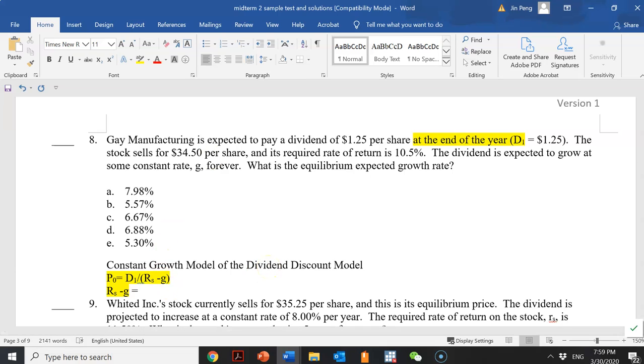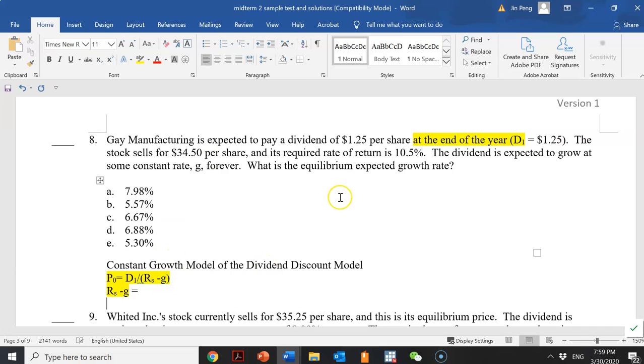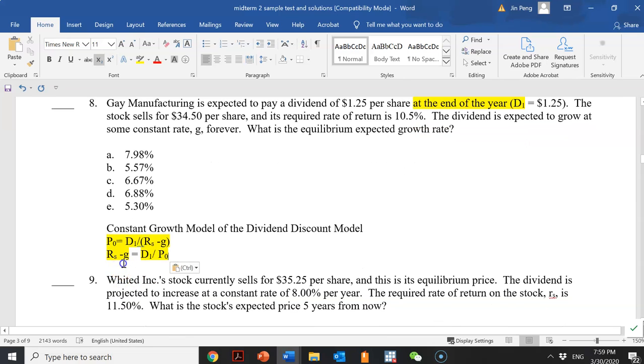If you multiply by RS minus G on both sides of the equation and then divide by P0 on both sides, you would know that RS minus G equals D1 over P0.